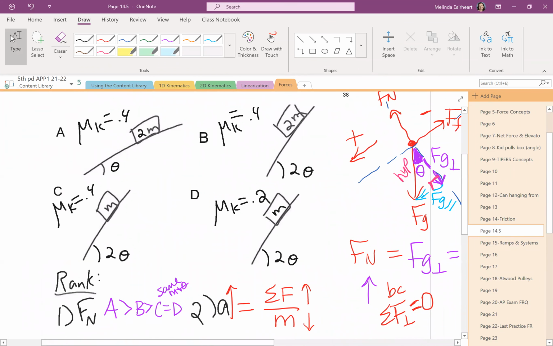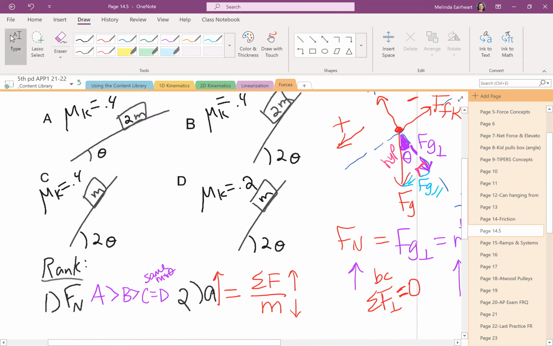And so who's got the greatest angle, smallest coefficient? D will have the greatest acceleration. And then who?